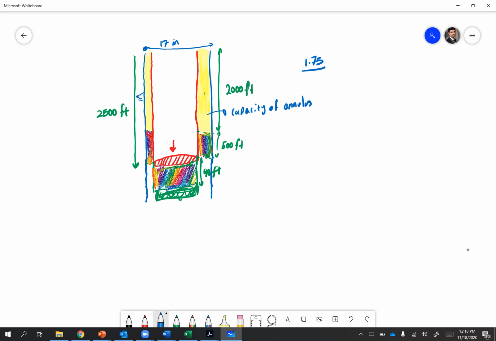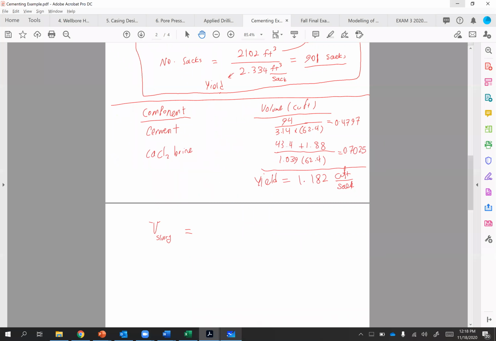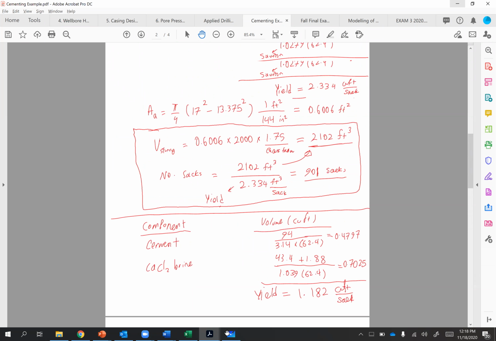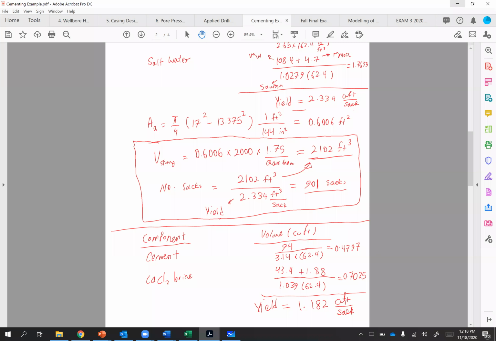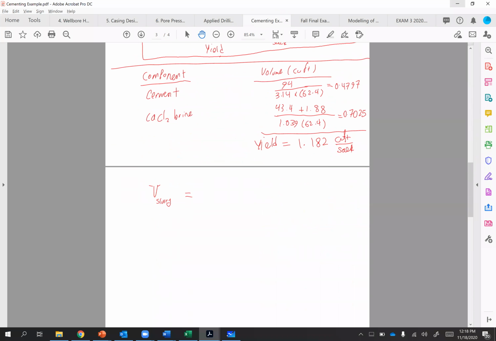And then you have this 40 feet, in which the volume should be calculated based on the inner diameter of your casing, and the length is 40 feet. So we have these two sections, which we need to add to each other. If you remember, the annular capacity is 0.6006.